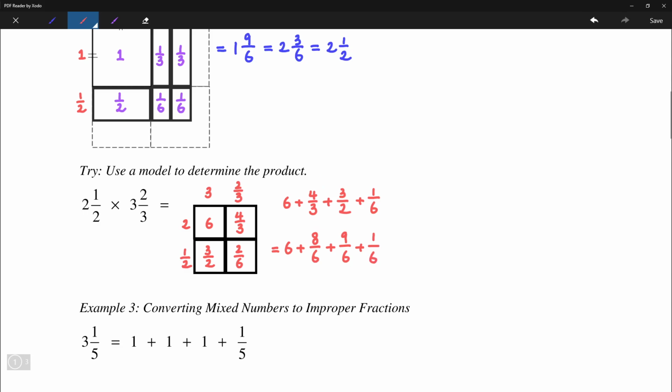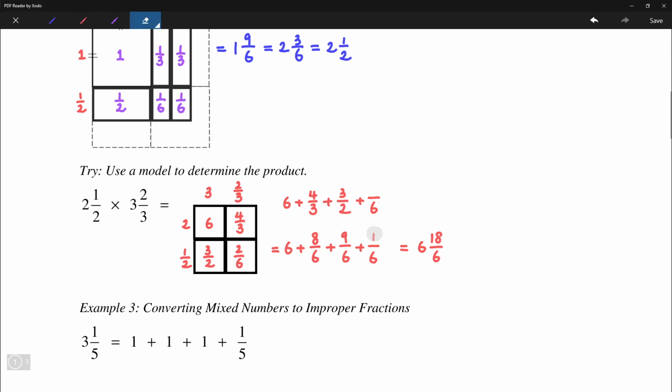All right, so now we can add together the numerators, which makes 18. So we have 6 and 18 over 6. Oh, sorry. Wait, this is not 1 over 6. This is 2 over 6.